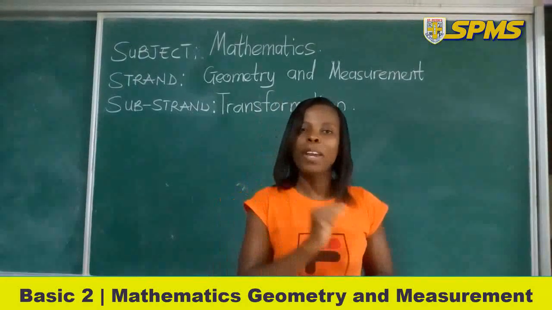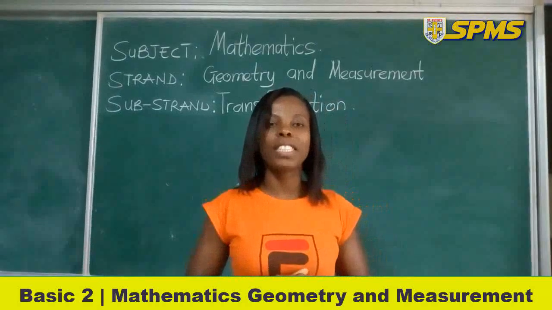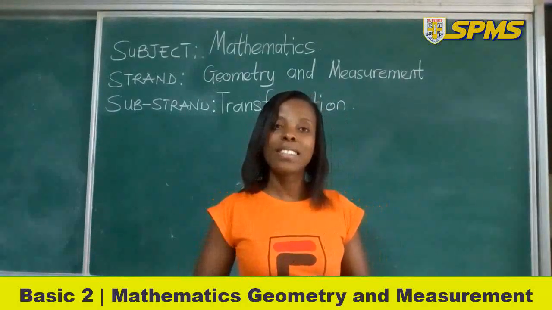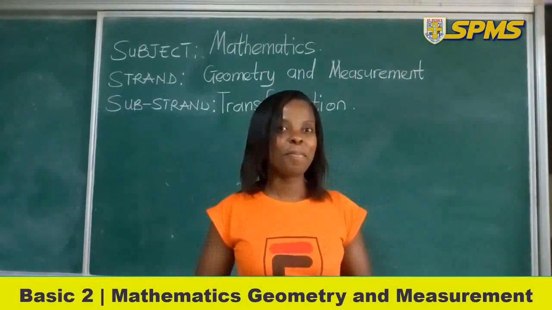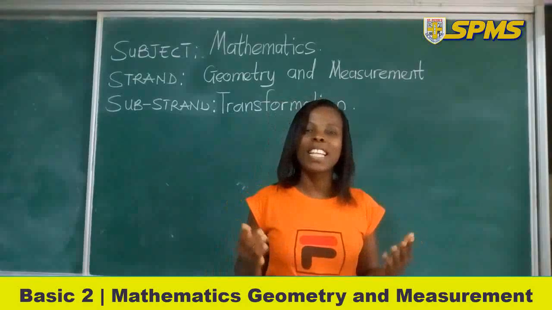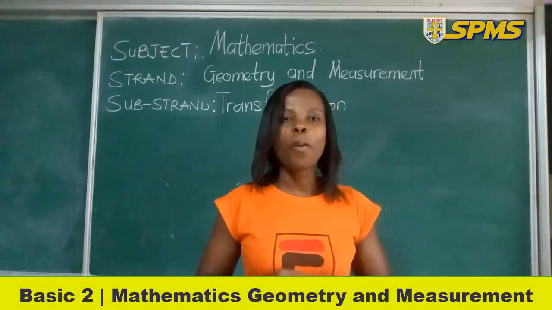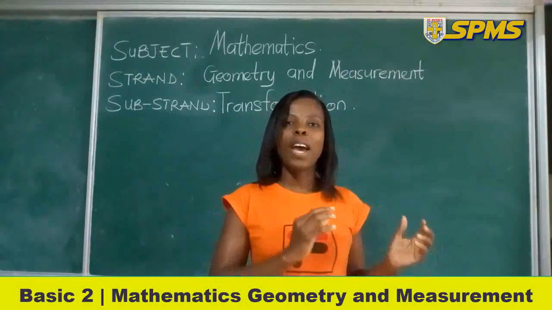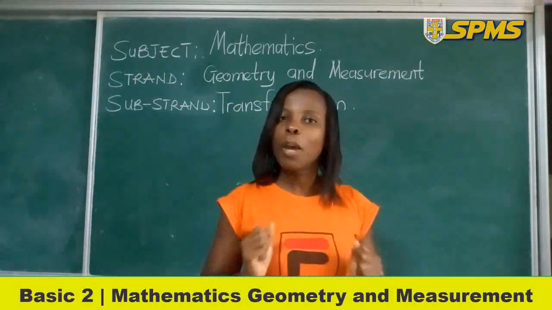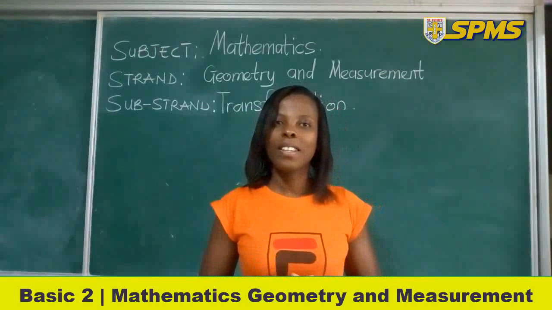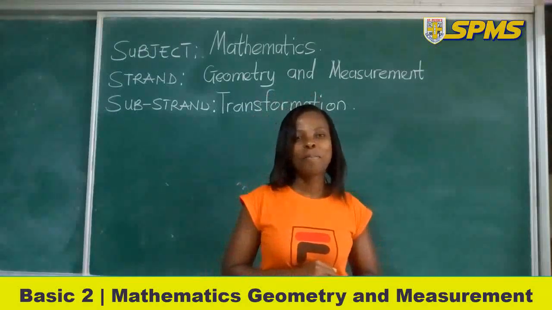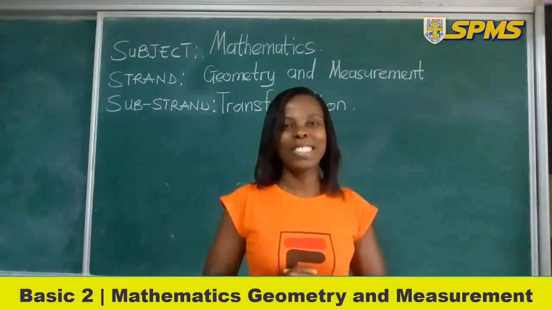You remember we explained the word transformation in our previous lesson. What did we say it is? Transformation is the movement of objects from its original state to a new position without changing the shape of the object. Which other word did we talk about? Flip. Good.